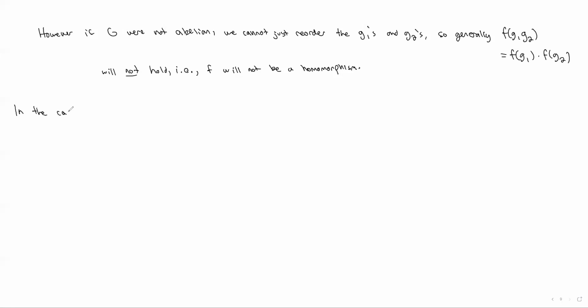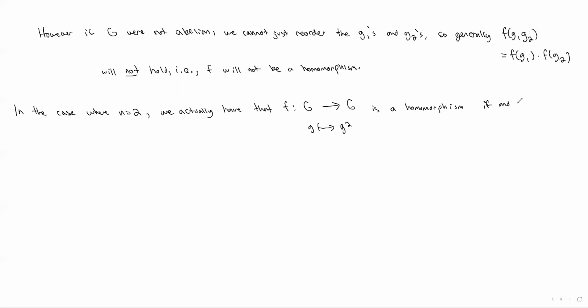In the case where n equals 2, we actually have that f from G to G, sending little g to g squared, is a homomorphism if and only if G is abelian.